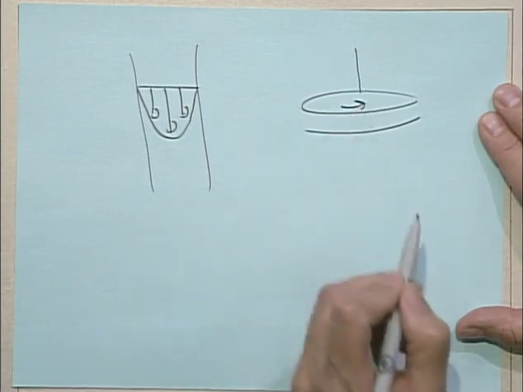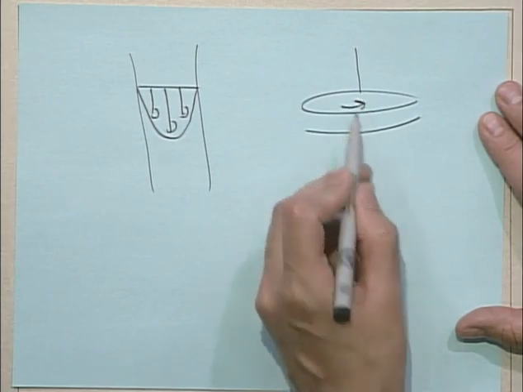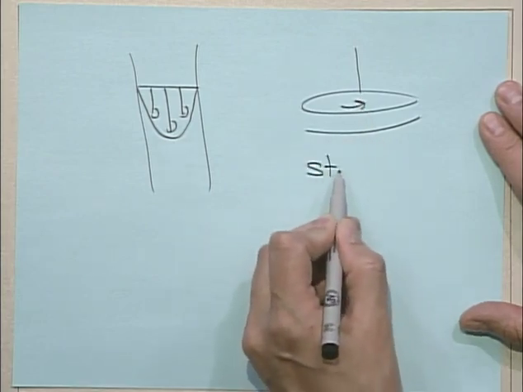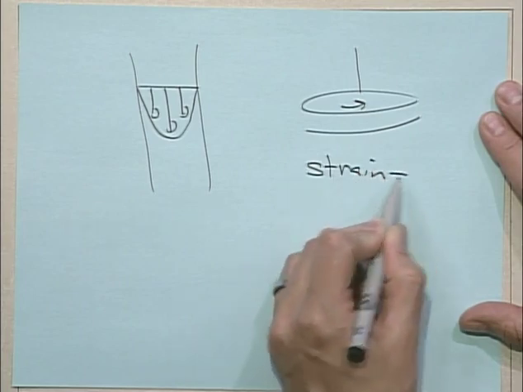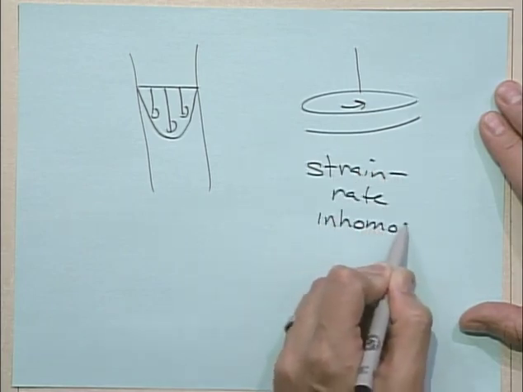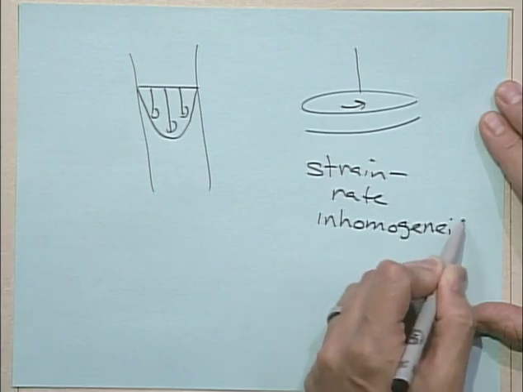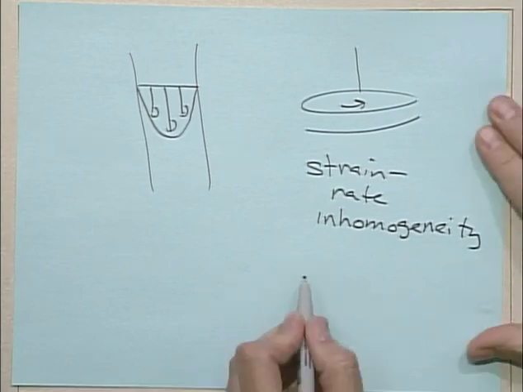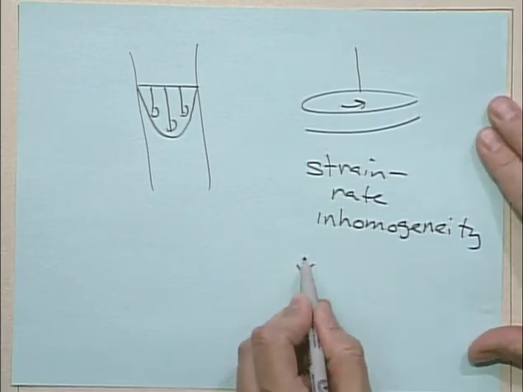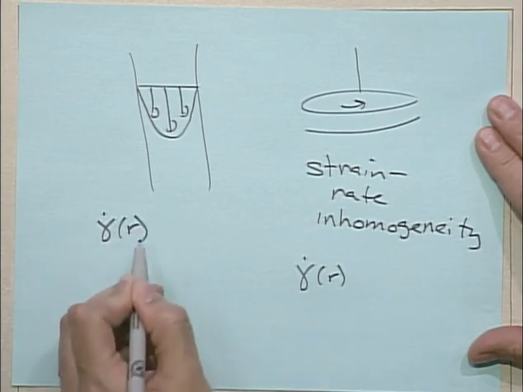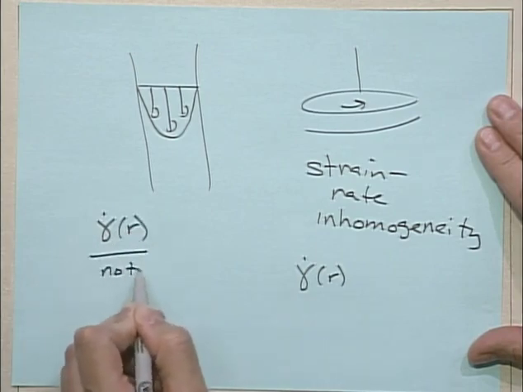And we need to be able to take into account that strain rate inhomogeneity. Okay, so the strain rate is a function of r in this flow, just like the strain rate is a function of r in this flow, not constant.